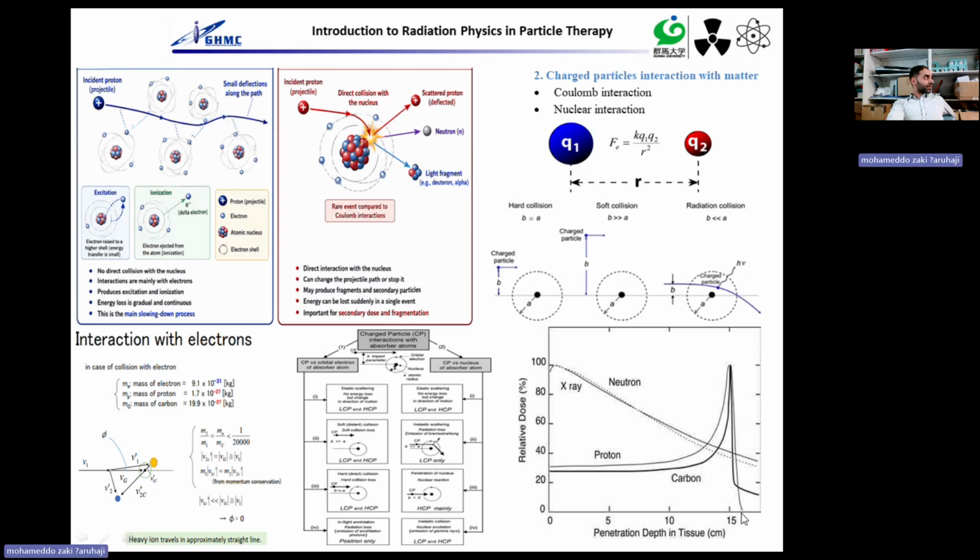Why doesn't X-ray stop because of stopping power? Because X-rays are photons, and photons are not charged. So in photon interactions, there is no excitation and ionization. There is only photoelectric effect, Compton scattering, and pair production.